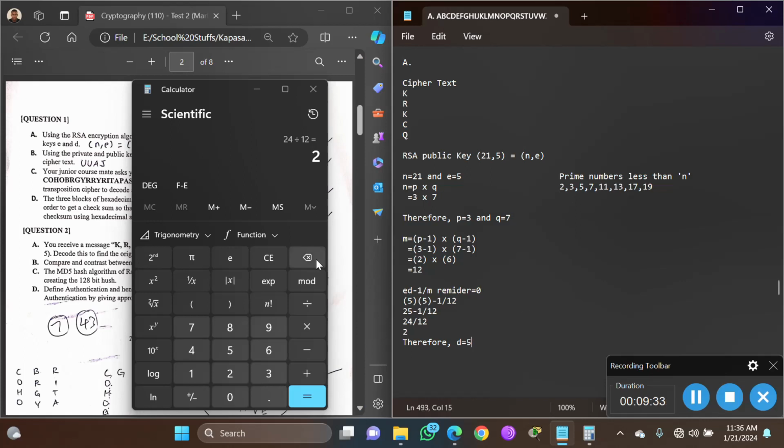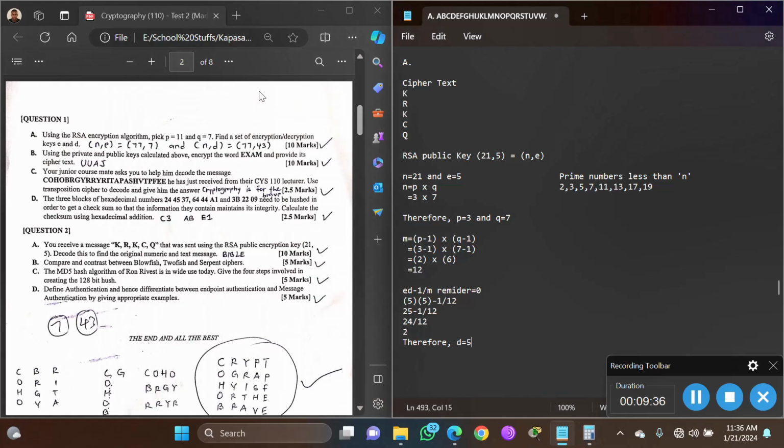Okay, now, since the question is talking about decryption, we decrypt using the private key. So RSA private, this time not public, private key will be N comma D, not comma E, which will be equal to, what's our N?